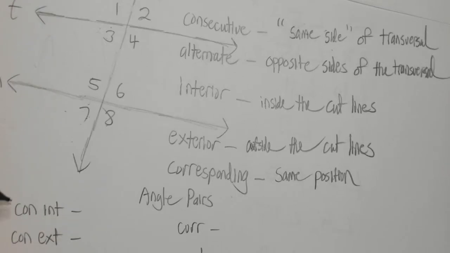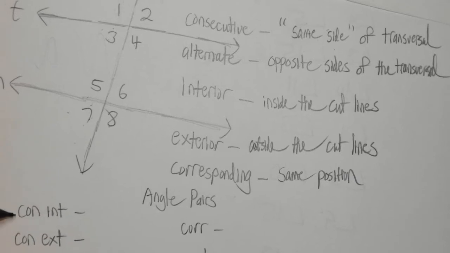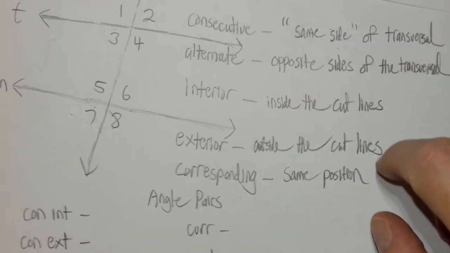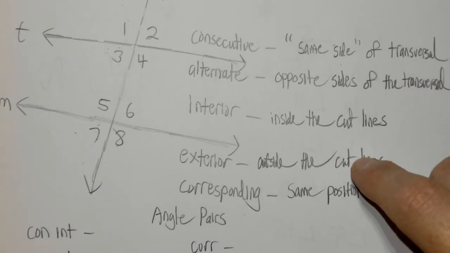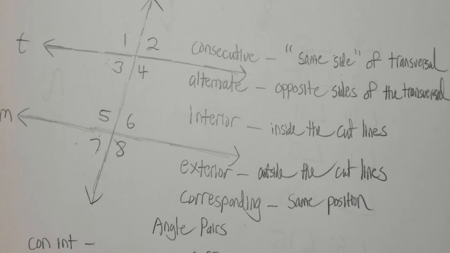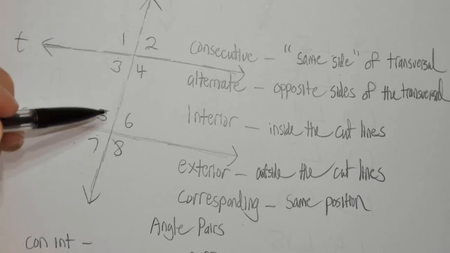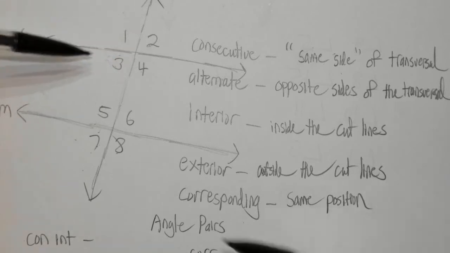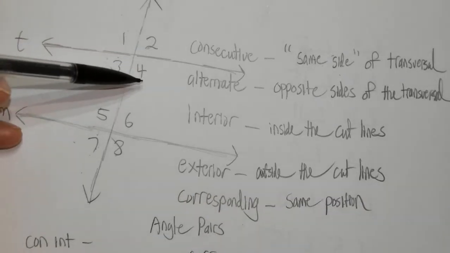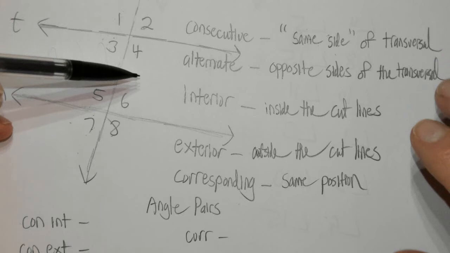The first angle pair that we want to be able to identify is consecutive interior angles. Consecutive means on the same side of the transversal, and interior means inside the cut lines. So I need to be on the same side of the transversal, and I need to be inside of the cut lines.